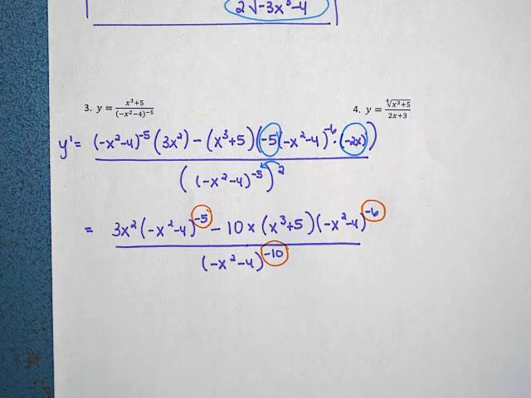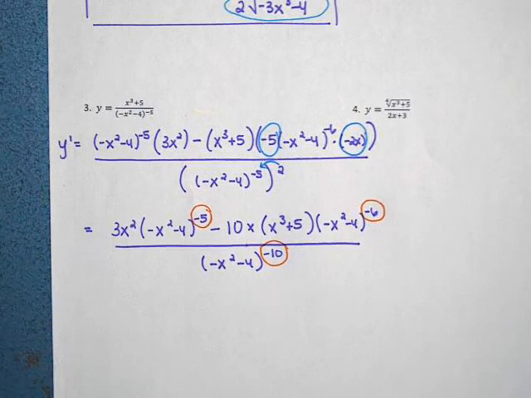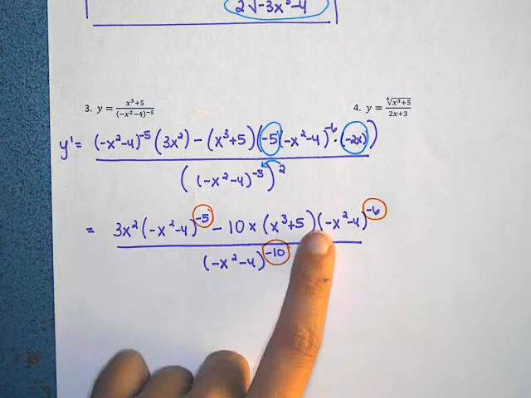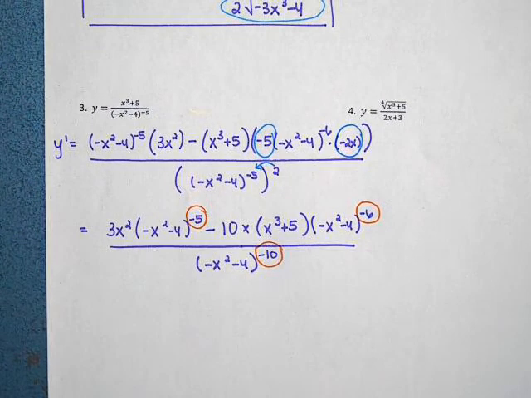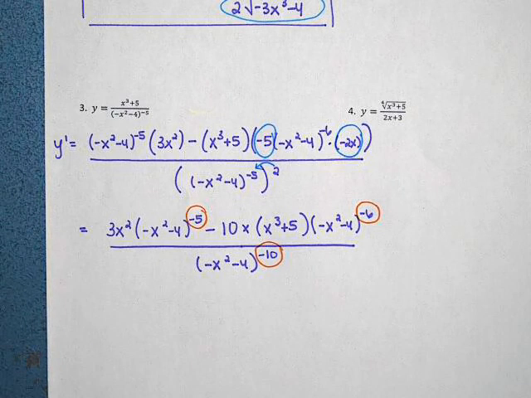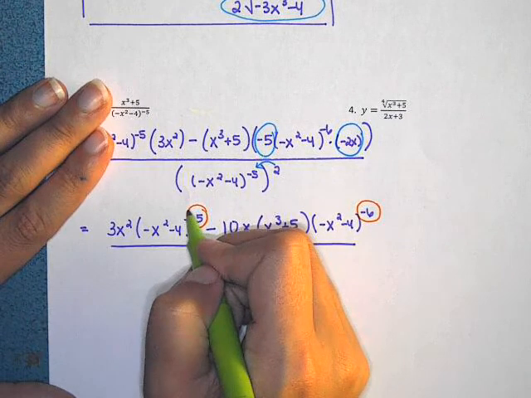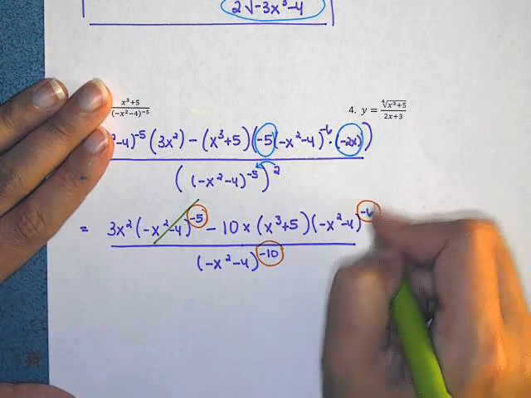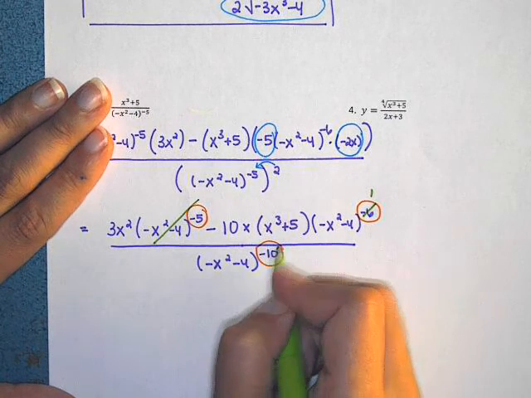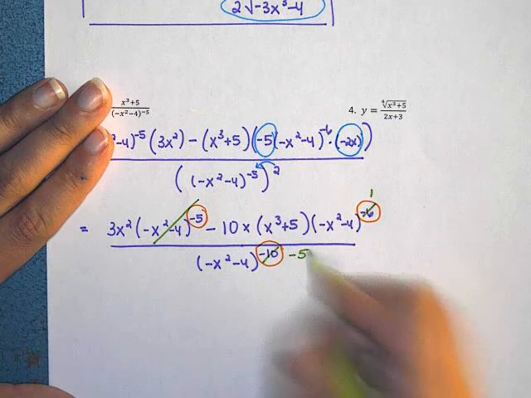So what I'm going to do is I'm going to cancel some stuff here because all 3 terms have the same stuff. So I'm going to cancel 5 of them. I'm going to cancel this 5. I'm going to have 1 of these left over, and I'm going to have 5 of these left over.